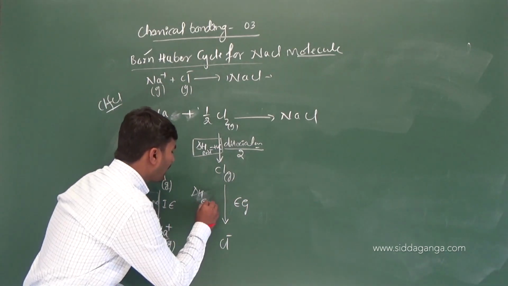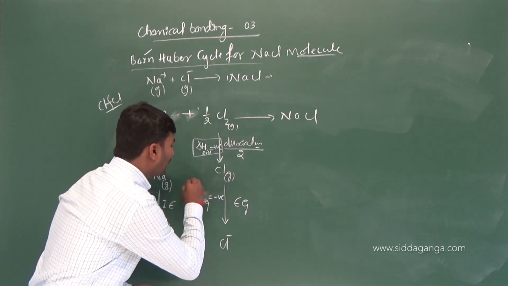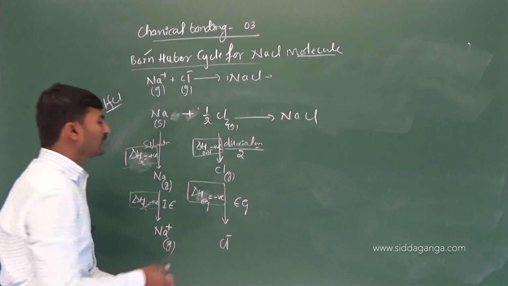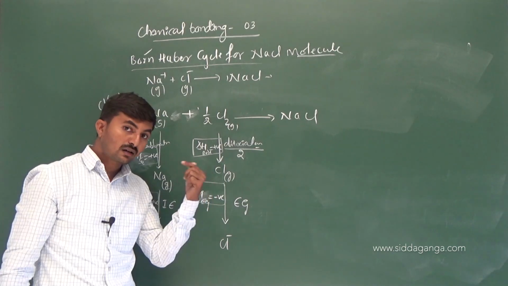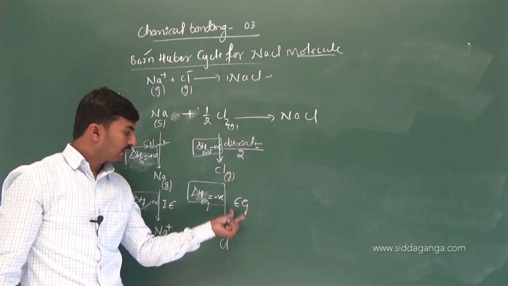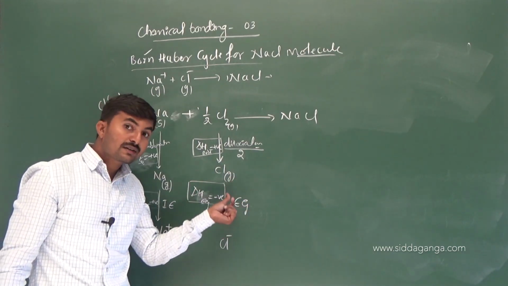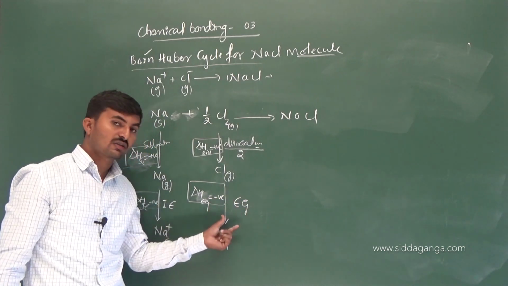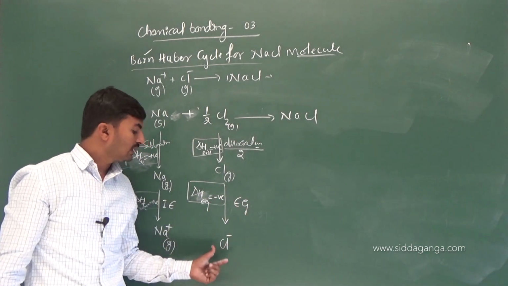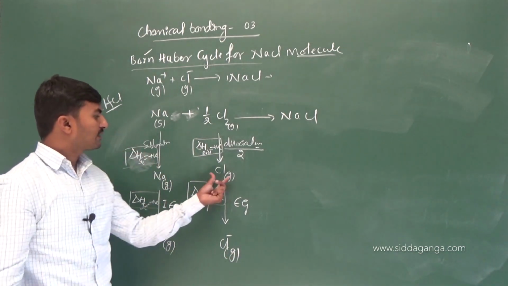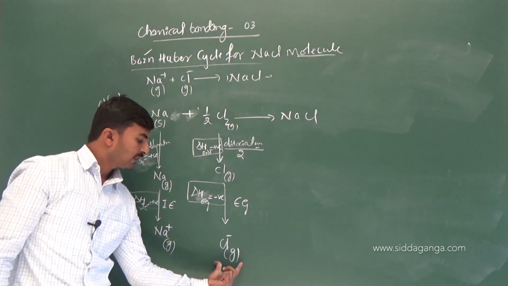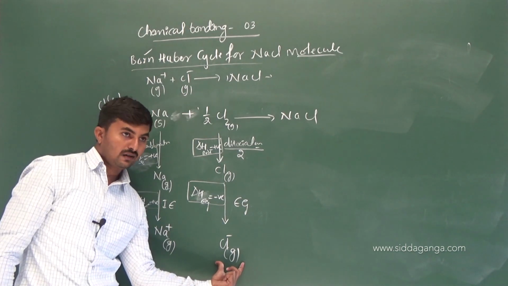That is why electron gain enthalpy is negative. Finally we convert this chlorine into the gaseous chloride ion.